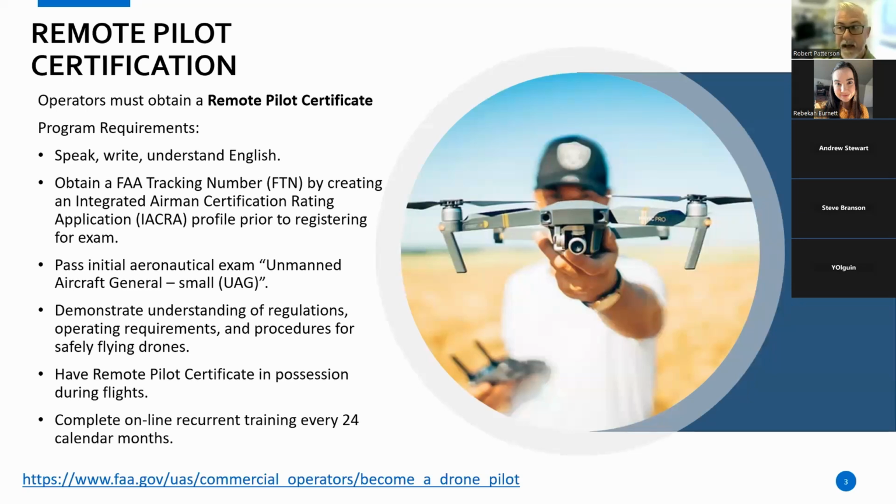You have to obtain an FAA tracking number, or FTN, by creating an IACRA (Integrated Airman Certification and Rating Application) profile online and taking the exam. This exam, Unmanned Aircraft General, Small (UAG), you must pass this initial exam and demonstrate understanding of the regulations, operating requirements, and procedures for flying drones safely.